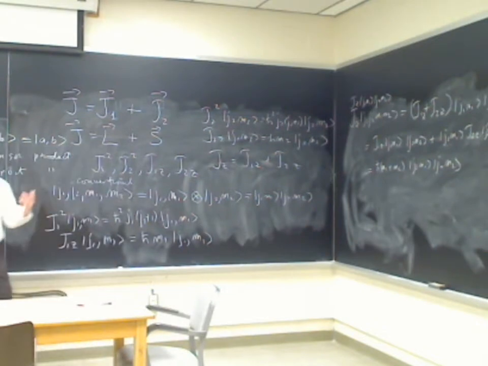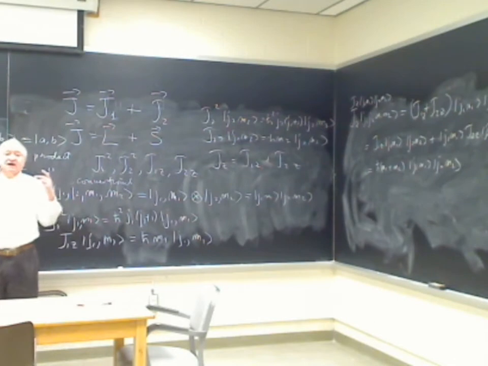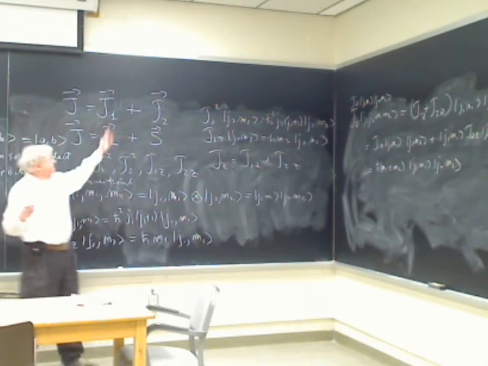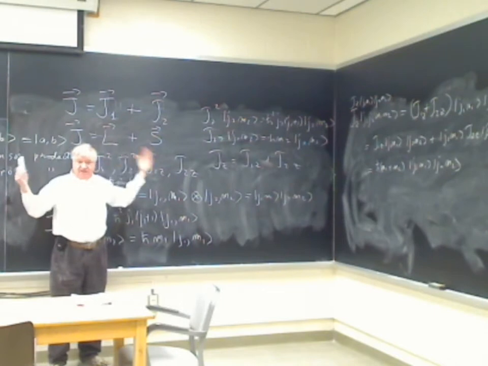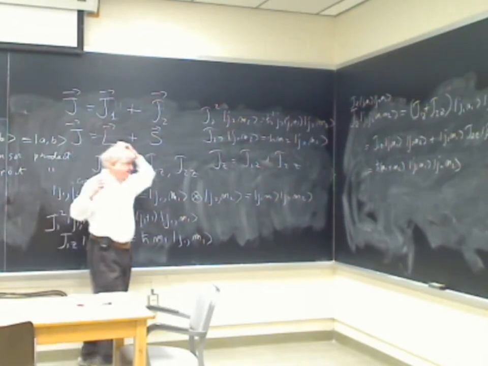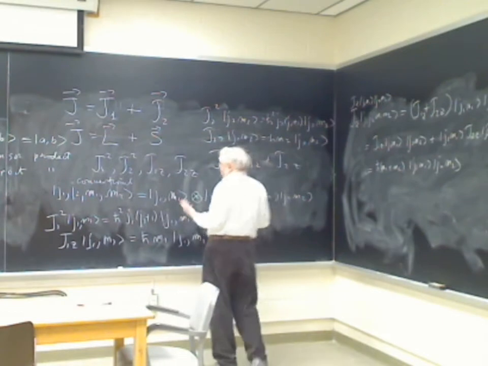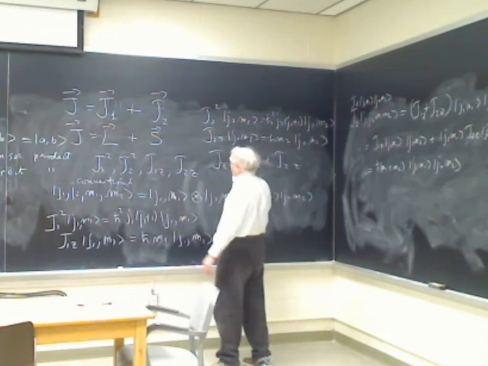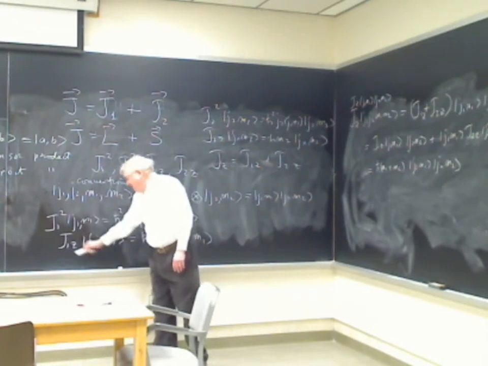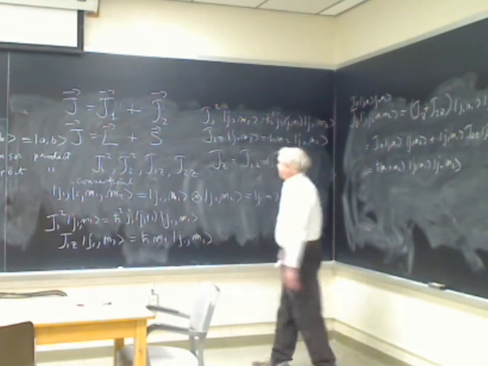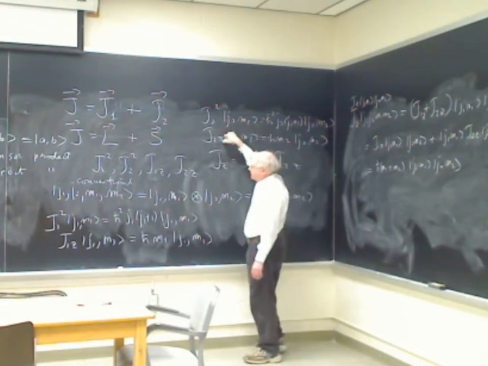We may be talking about two different particles, and we might be talking about the spins of the two different particles. So this might be the spin of one particle and this is the spin of the other particle. It's just that both are angular momenta. And the point is, if we have one angular momentum, then these are the eigenstates of J1 squared and J1z, and these are the eigenstates of J2 squared and J2z.